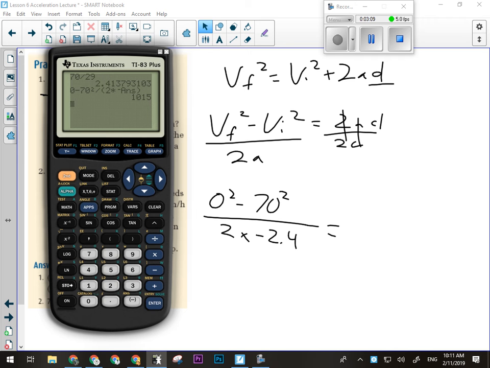If I carry all the decimals through, then it works. It comes out to 1 kilometer here, to 2 significant figures, 1.0 times 10 to the 3. I must have typed something in wrong before.